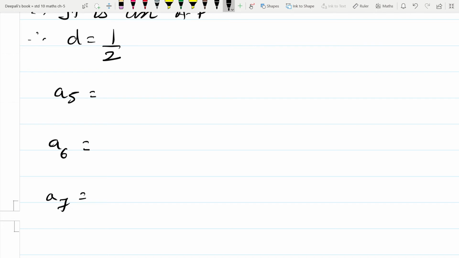If I want to find the fifth term, the formula will be A plus 4D, A plus 5D and A plus 6D.